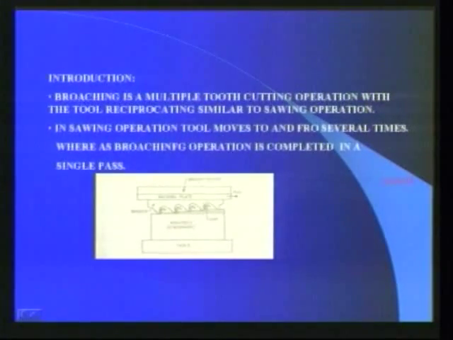Each tooth removes a predetermined amount of material. Here the tool reciprocates similar to a sawing operation. In sawing operation, the tool moves to and fro several times, whereas the broaching operation is completed in a single pass.